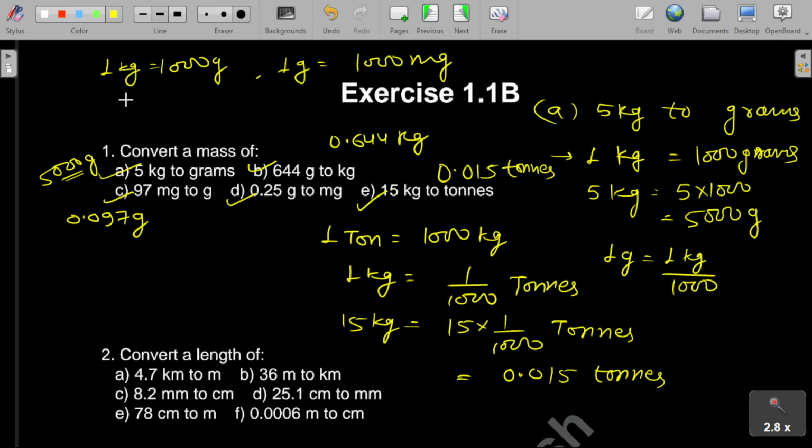So any quantity we can change according to this. So remember all these formulas, all these conversions.